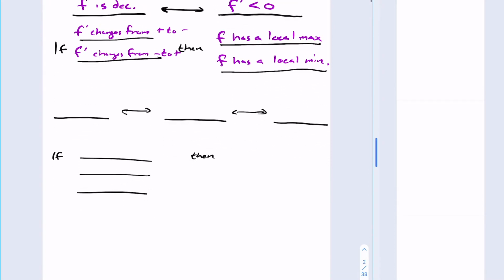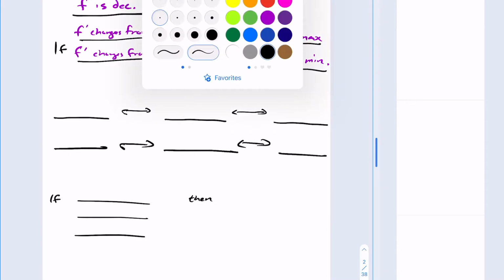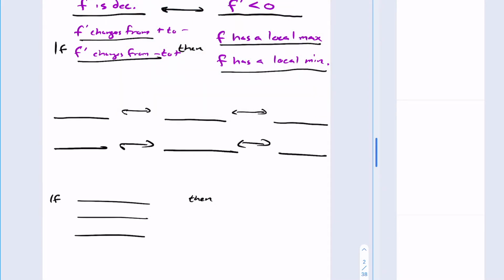Okay, so here, I'll start it off for you. F is concave up. Again, pause where you need to, and press play when you're ready. If f is concave up, you know that the second derivative is positive.